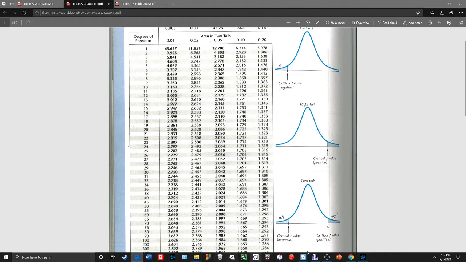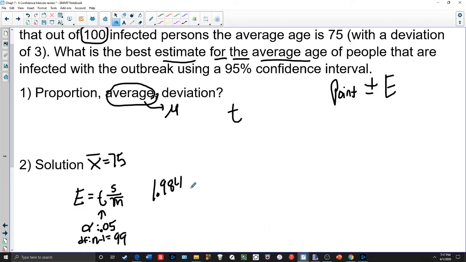Right. So now I can just multiply it to the other fraction here. So this is that thing here. S, remember, is the sample deviation. So that's that 3 there, because that's the deviation of those 100 people, over root 100.